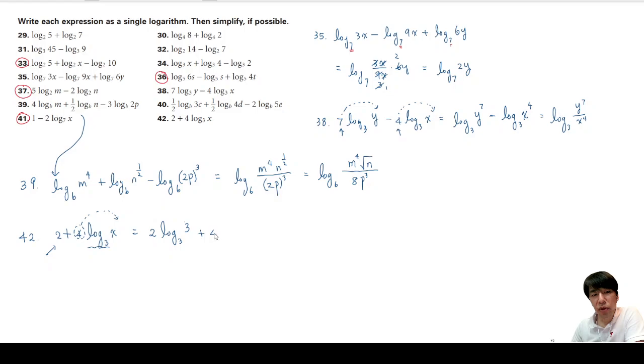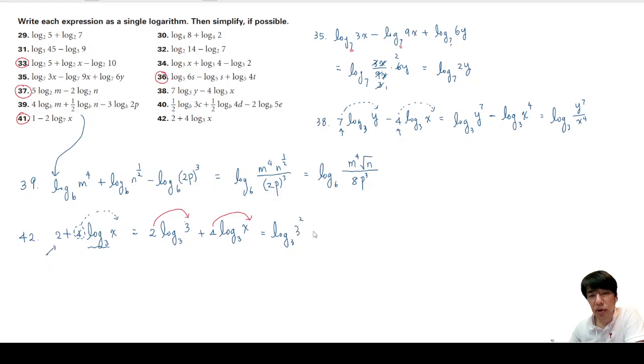And then we have this one. Make sure you move this number here as an exponent, move this number as an exponent. So you end up with the single log here. Let me just write this thing down first so that you don't get confused.